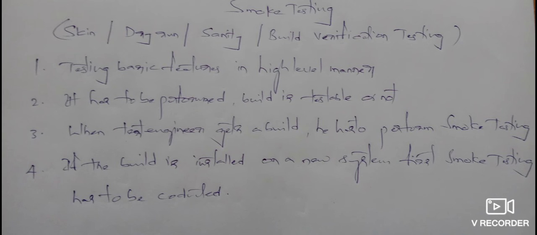It is because a blocker defect doesn't let us perform further testing, and it also impacts project time and cost. So to find blocker defects, smoke testing has to be conducted.